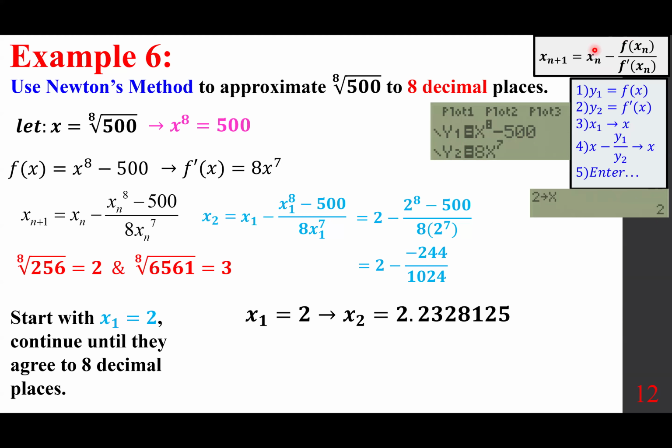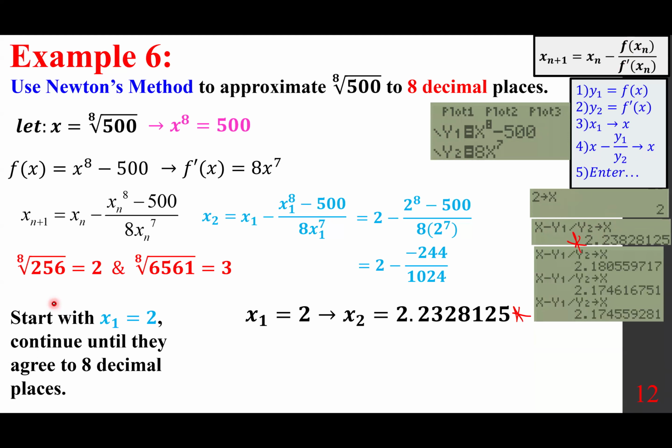How do you use this formula for this one? You're going to write x minus f of x over f prime, so x minus y1 over y2 stored in x. Take a look. X minus y1 over y2 stored in x. Look at this number. This is what we have here. Okay, everybody. So this is this one. Now all you have to do is press enter.